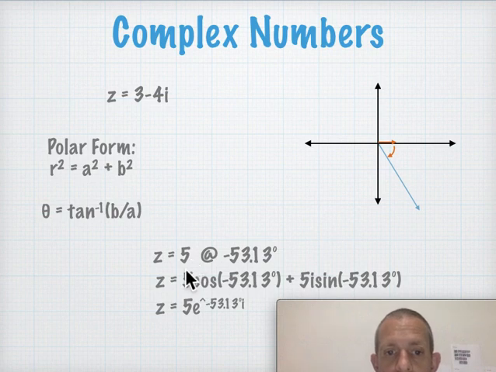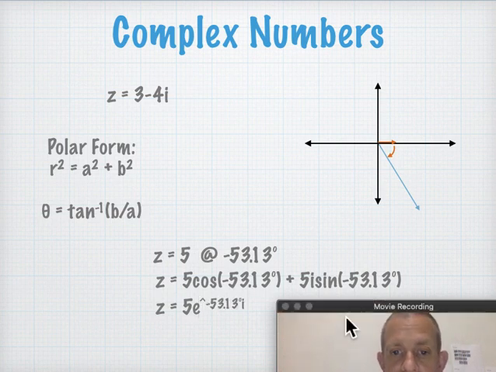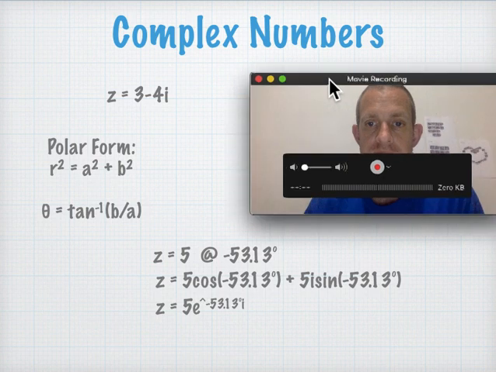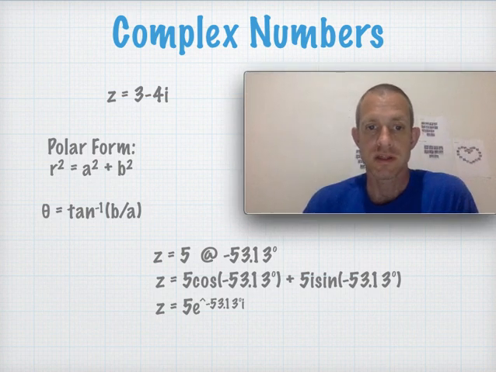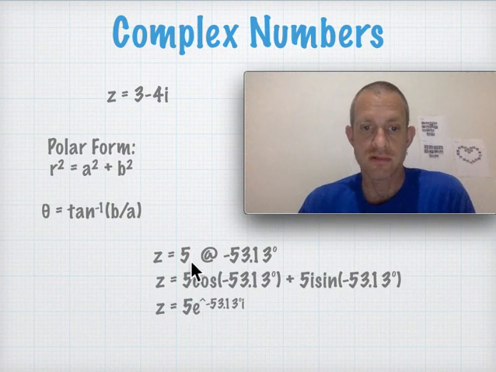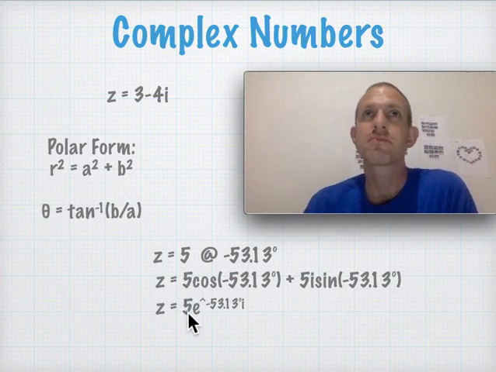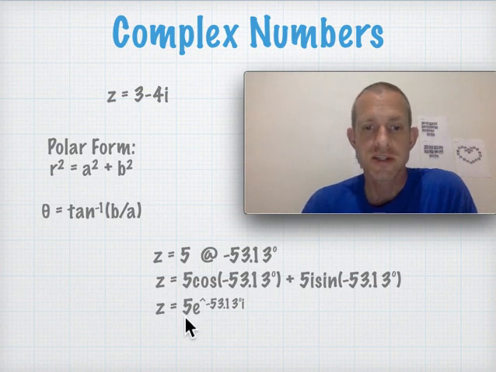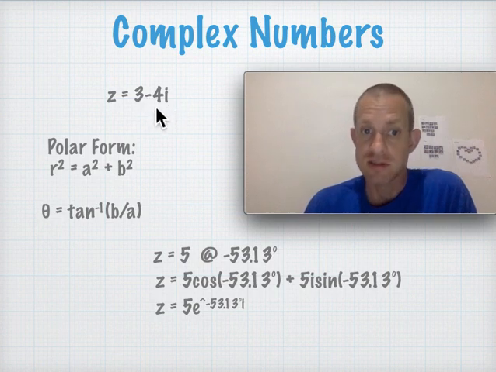Polar form emphasizes that multiplication aspect of a complex number, where the number in front, I think it might be called the modulus, I'm not really sure, is the absolute value of 3 minus 4i. It's the length of 3 minus 4i, and you find it using the Pythagorean theorem.